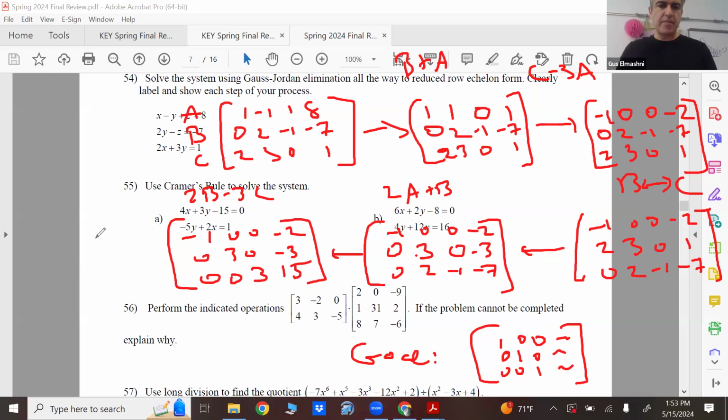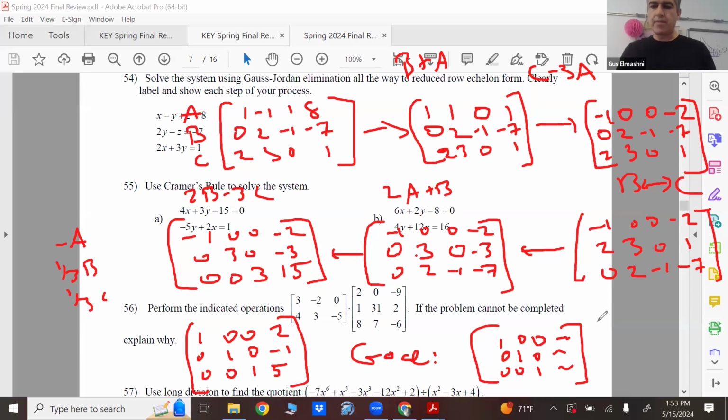And then lastly, I'm going to do negative A, 1/3 B, and 1/3 C. I'll get 1, 0, 0, 2, 0, 1, 0, negative 1, 0, 0, 1, 5. And so your answer is 2, negative 1, and 5.